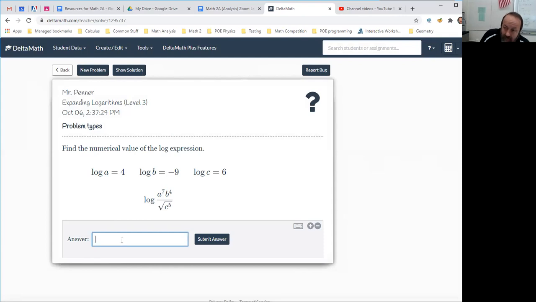So I have log of a to the 7th, b to the 4th over the square root of c to the 5th. Well, there's a lot of information going there, and it told me that the log of a is 4, the log of b is -9, and the log of c is 6. So I'm not going to do very many of these problems, but I'll do 1 or 2. So let's go ahead and take a look at how that plays out.